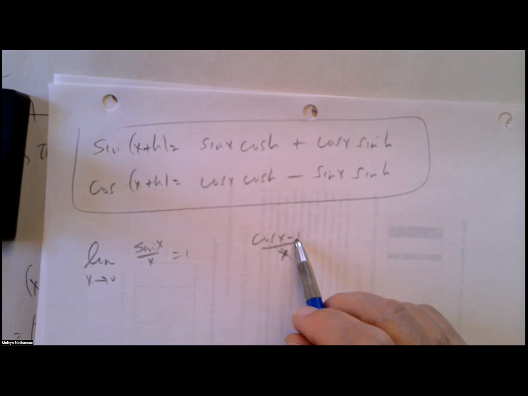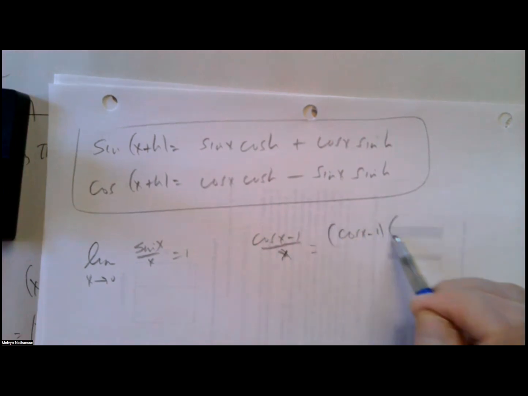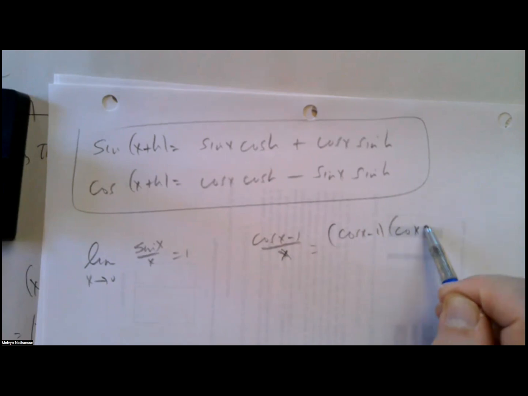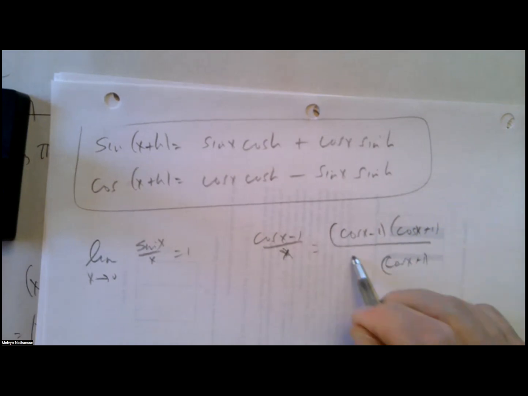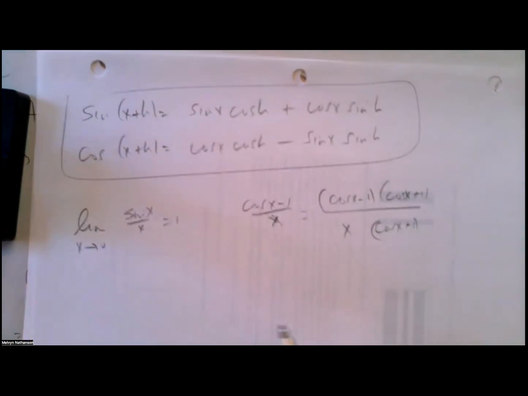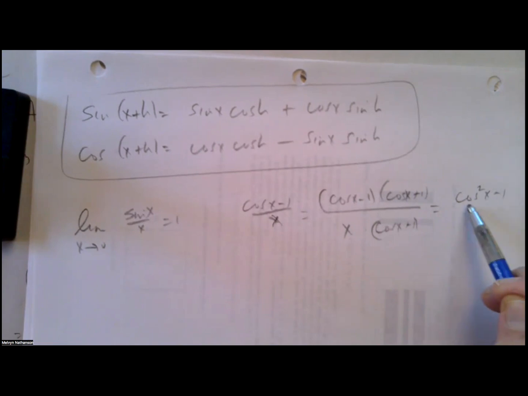Cosine x minus 1 is equal to cosine x minus 1, cosine x plus 1. I can multiply by cosine x plus 1 in the numerator if I also put the same thing in the denominator times x. I just multiplied by 1. But now what I have in the numerator is cosine squared x minus 1 over x times cosine x plus 1.